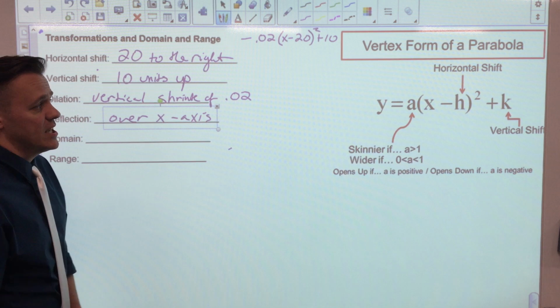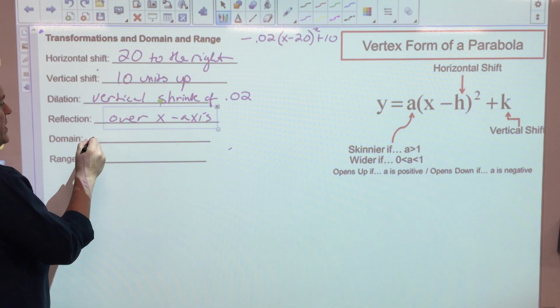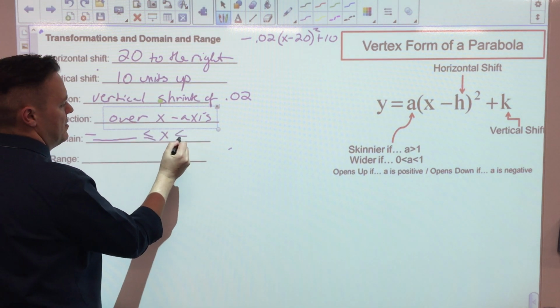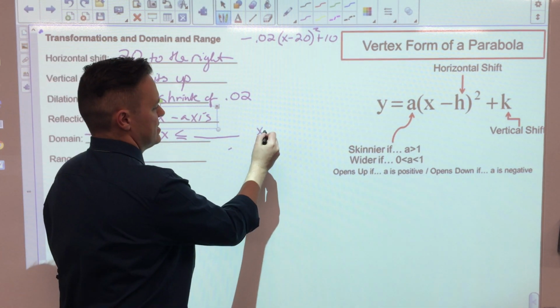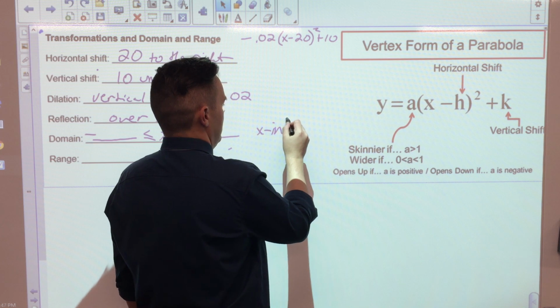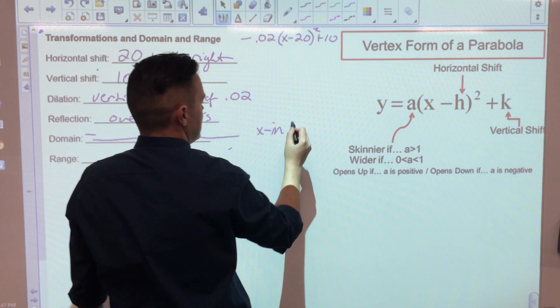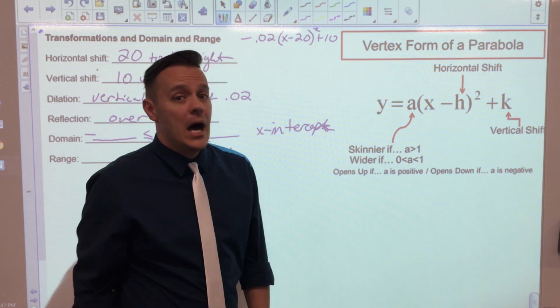Domain. Now, here's the complication, ladies and gentlemen. My domain, I should graph it, and it would be some negative value, x, some other value, and then this is a positive one. It's going to be the x-intercepts. My issue is, ladies and gentlemen, I'm not going to graph it.